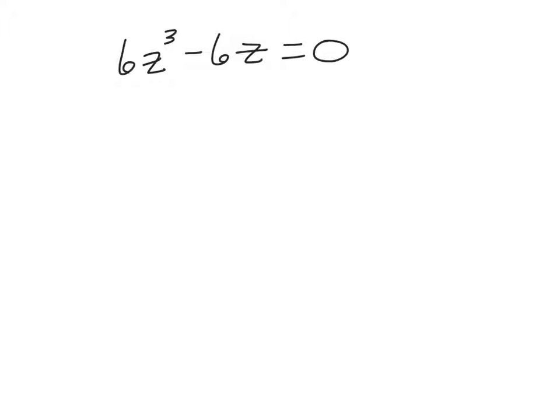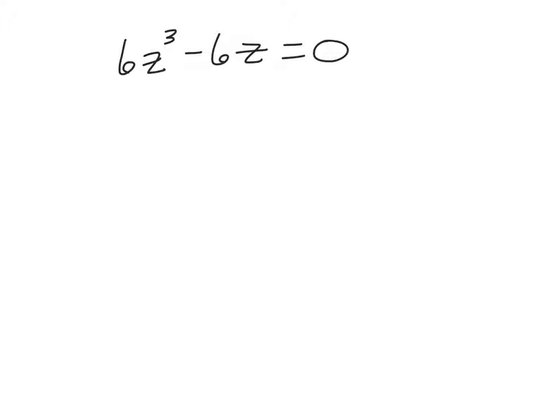Now, when you look at this problem, you might say, hey, Mr. Black, that's not linear, and it's not quadratic, because a quadratic has a biggest power of 2. And you would be making a good point if you thought that way. But this is a problem that we can use quadratic techniques to get solved. So let's do what we've done with our quadratic equations and see if we can get this one solved.